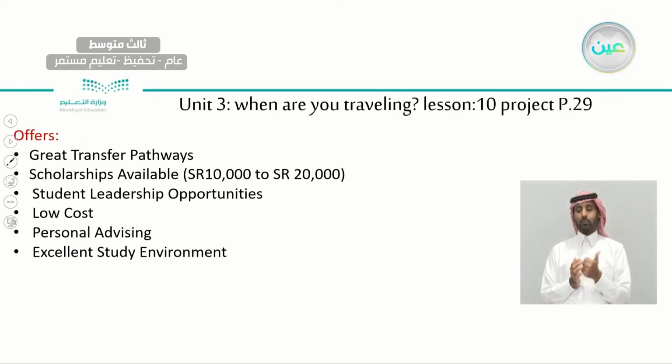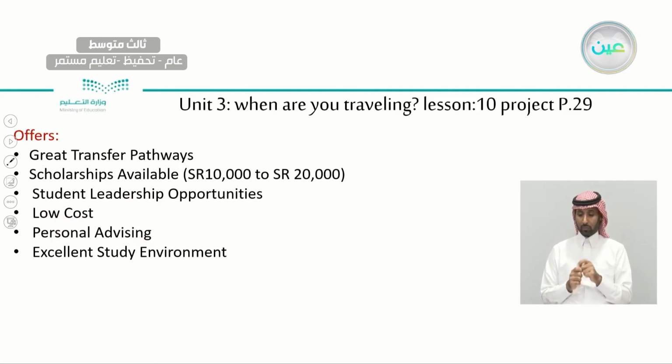Also, I included offers. We have great transfer pathways, scholarships available, 10,000 to 20,000. If you are really good, they can offer you a scholarship, student leadership opportunities, low cost, it doesn't cost a lot of money, and personal advising.